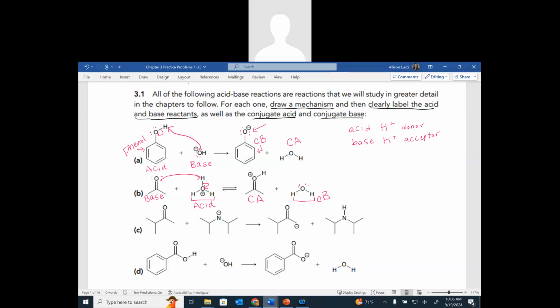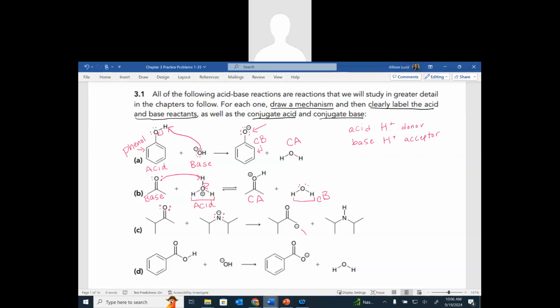Let's take a look at C now. At this point, we have 2 lone pairs on our nitrogen, since it has a -1 formal charge, and then we have these 2 lone pairs on our oxygen. Let's take a look at the products. I think that would be the easiest way to find out who's losing, who's accepting, who's donating protons.